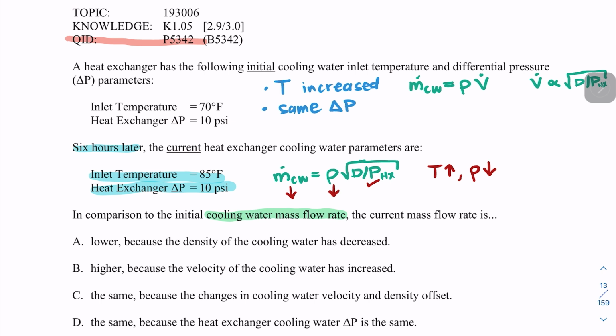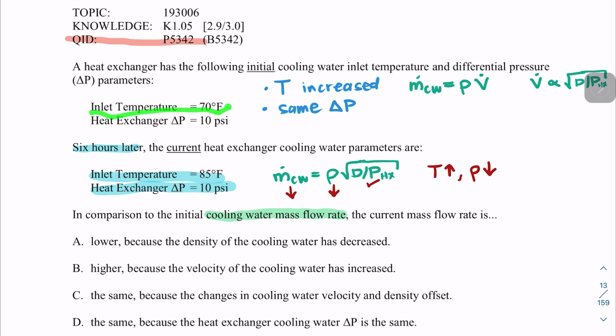So we have a heat exchanger and it has the following initial cooling water inlet temperature and differential pressure parameters. So we have an initial system and a final. Let's say this is our initial and this is gonna be our final. What is happening here?